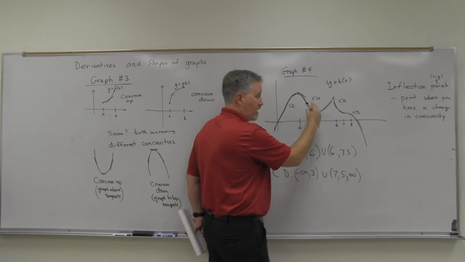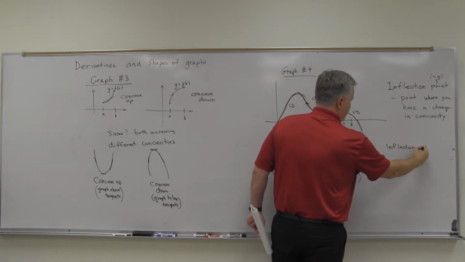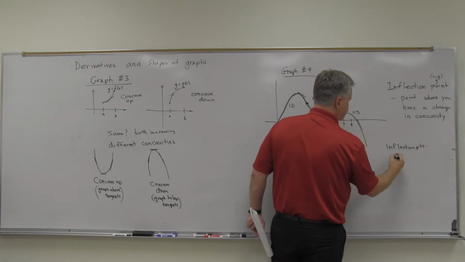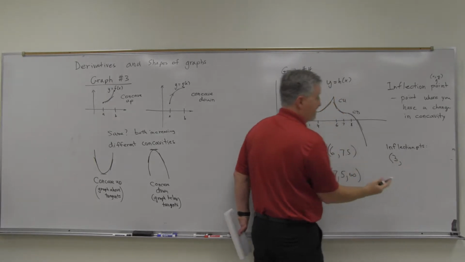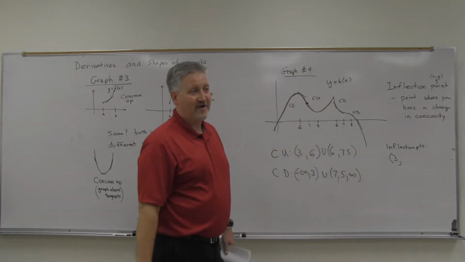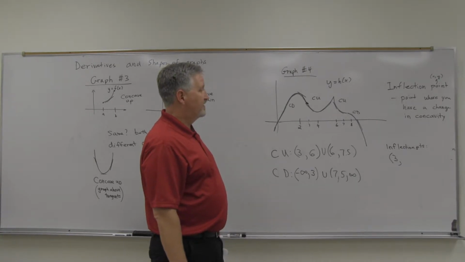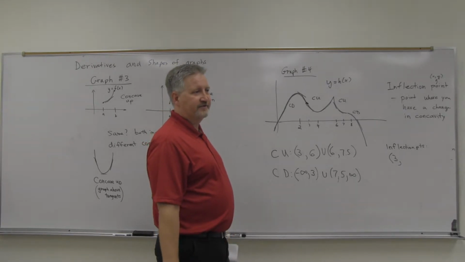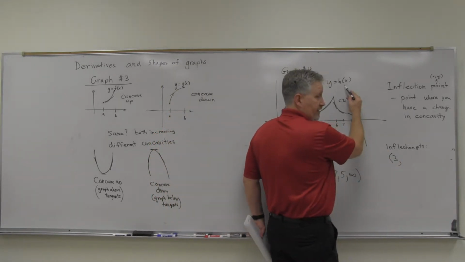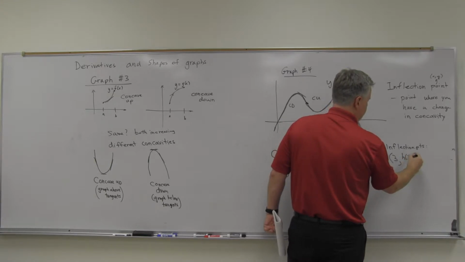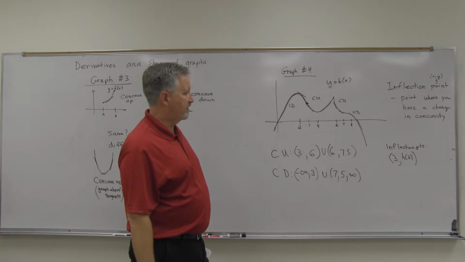So if I'm writing out the inflection points here, one of them happens at 3, comma, the y value, which is kind of hard here because I didn't label the y-axis. So let's just call it, the y value would be h of 3, right? That would be the y value with 3.